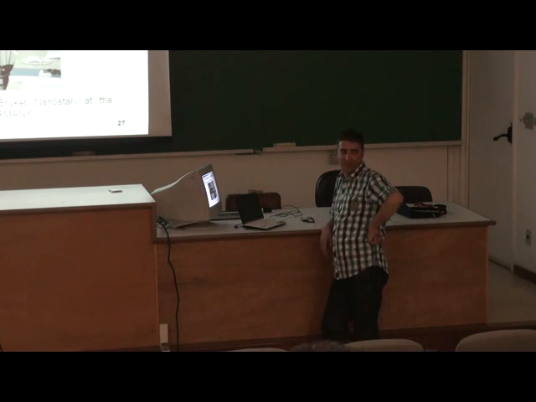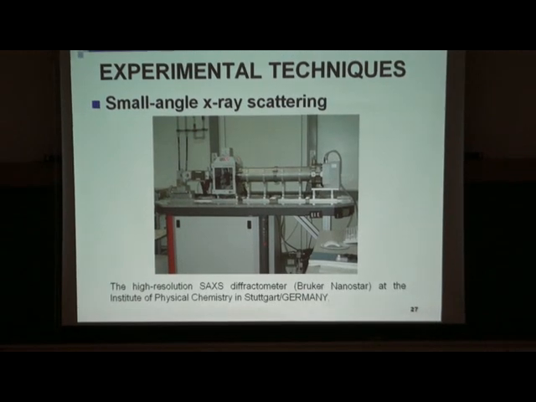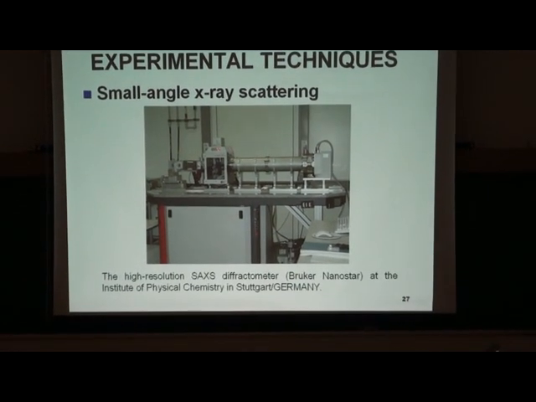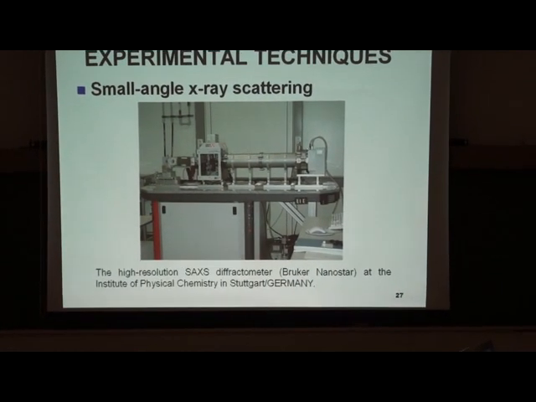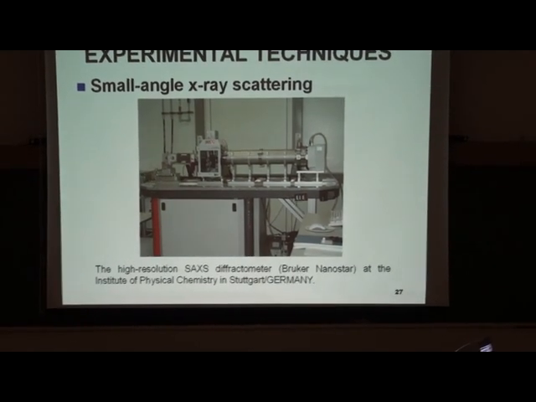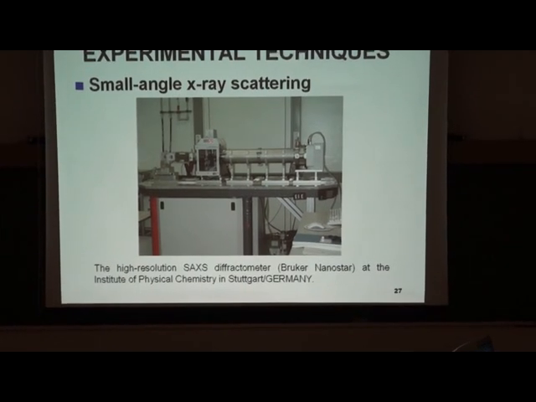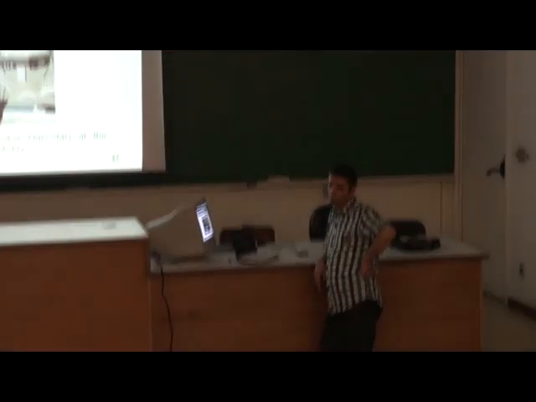Yes, this was the first version of the NanoSTAR. The problem of this machine is that you have a very large background. So this machine is good to measure things that scatter a lot. But if you are studying a sample that has very weak scattering, you have a very large background, so it will be much more difficult to measure.